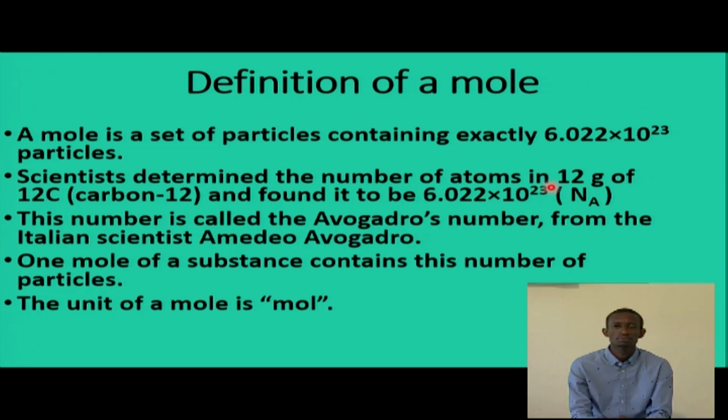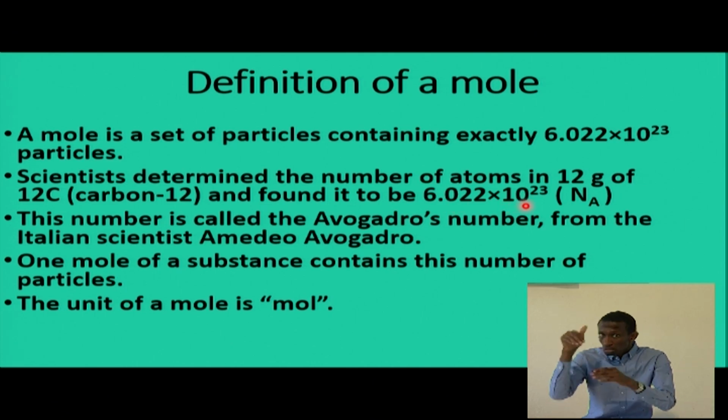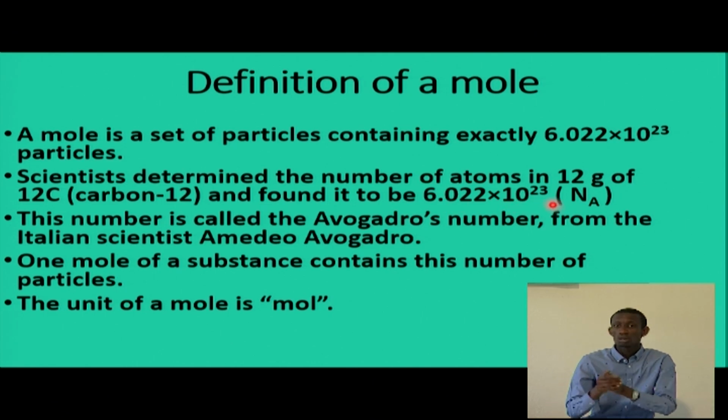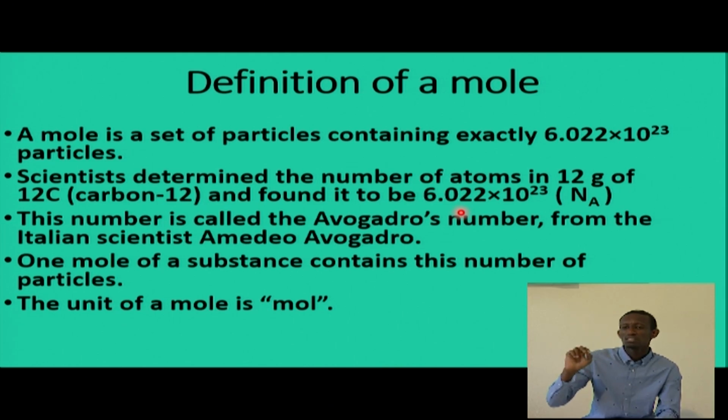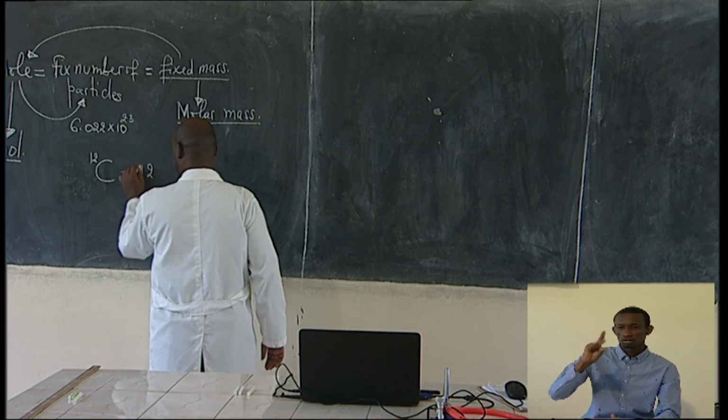It is being said that 12 grams of carbon-12 are found to contain 1 mole of carbon-12 atoms. This Avogadro's number is symbolized by Na. So if you look on your periodic table, you find that the mass of this carbon-12 is 12.